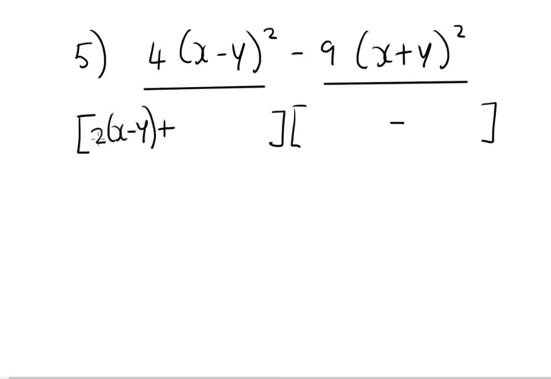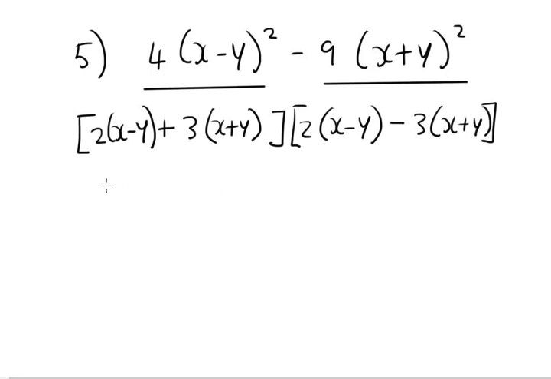Square root of 4 is 2. Square root of (x minus y) squared is just x minus y. So we're going to put that over there and over here. Same thing over here. The square root of 9 is 3. So the 3 goes over there. And the square root of (x plus y) squared is x plus y.